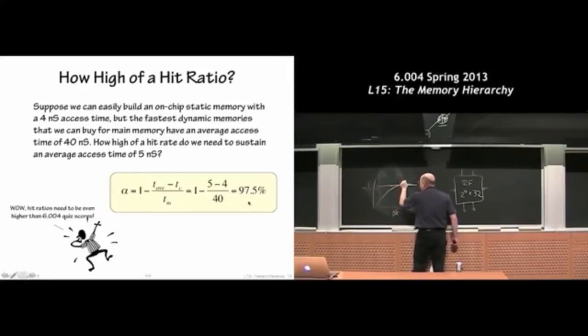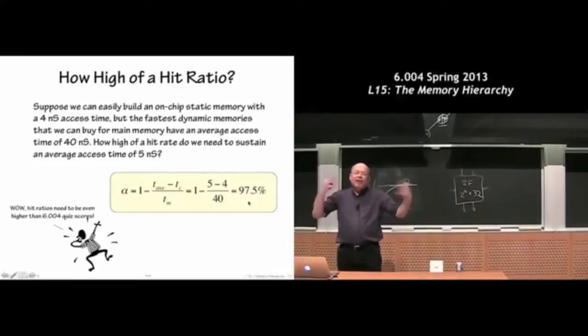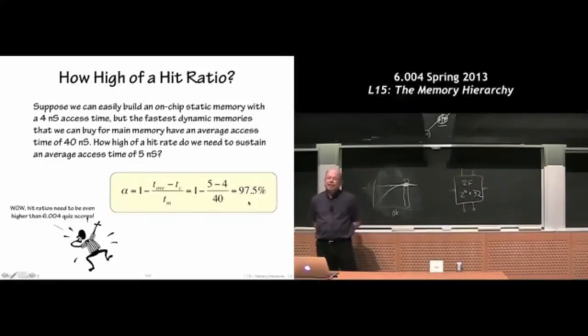The good news is if I can build a cache that's big enough to hold all of these locations, I should expect a reasonably high hit rate, because over a big span of time, those are the only locations the CPU will be asking about.